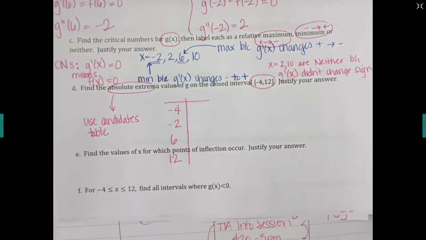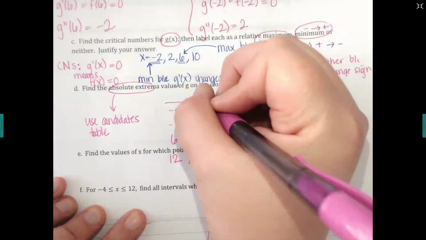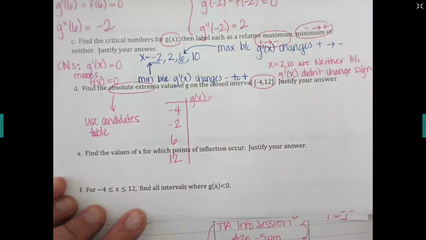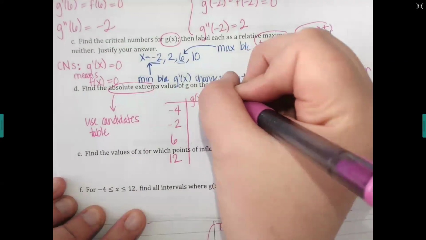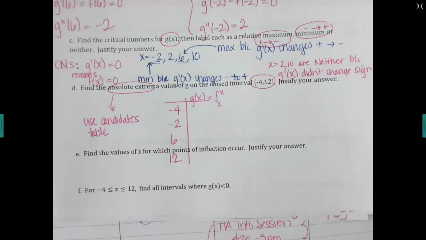Okay, then after you pick the endpoints and the critical numbers, you're plugging back into the original function, which is g of x, which has the integral in it. Okay, so don't forget that when you do a candidates table, you're plugging into the original, which is where my integral is.